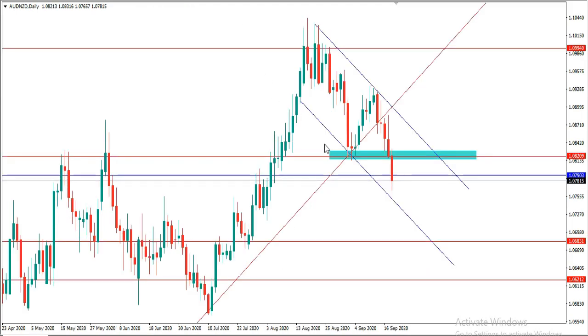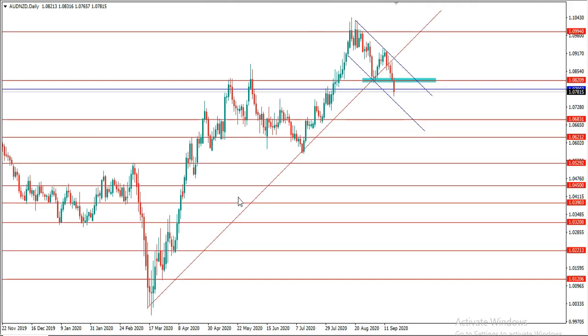Alright, so this is the daily time frame, and from the daily time frame over here, we can see clearly, first of all, that we have this ascending trend line at this point right here. We can see that price respected this area back at this point here and at this point here, but we can also see that a new trend started to form from this high to this low.